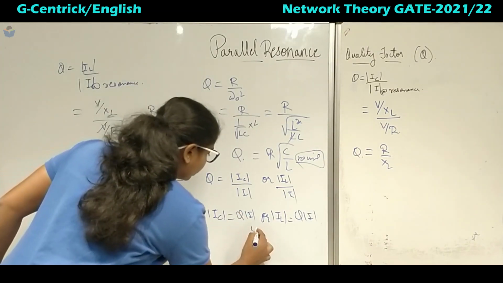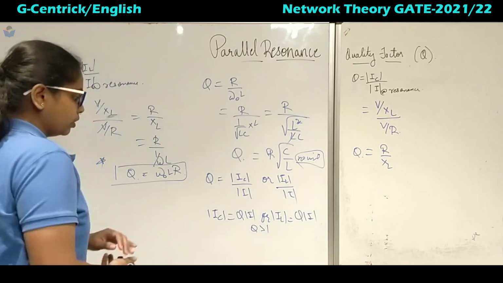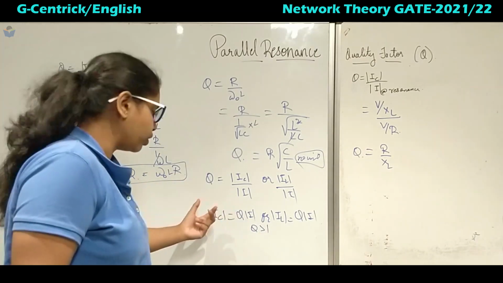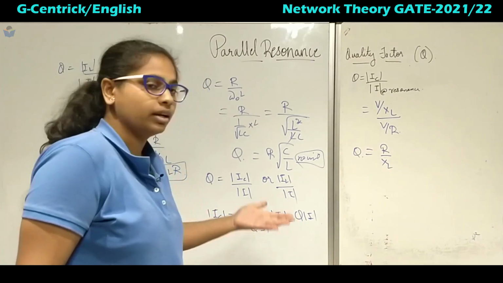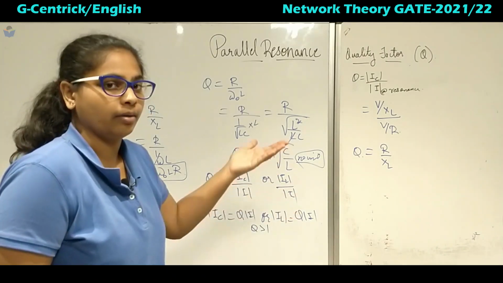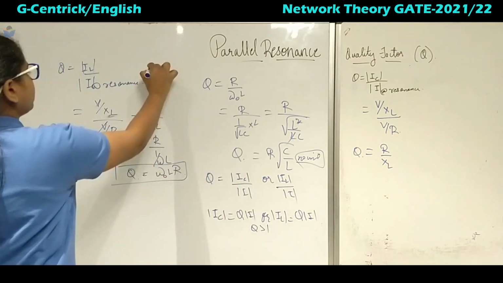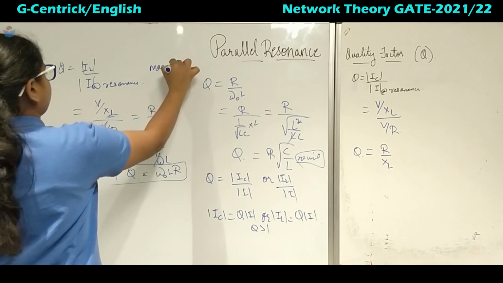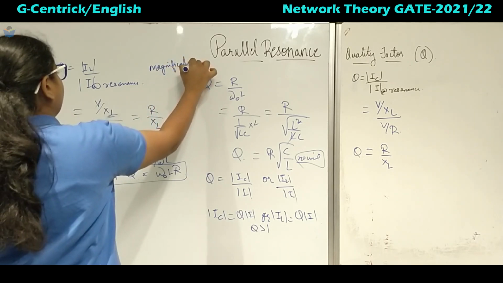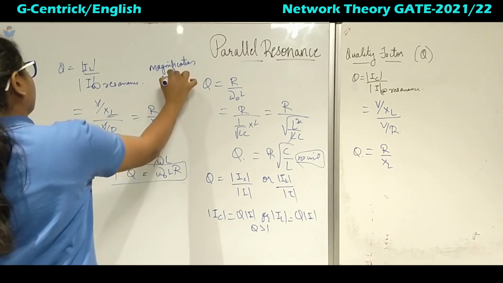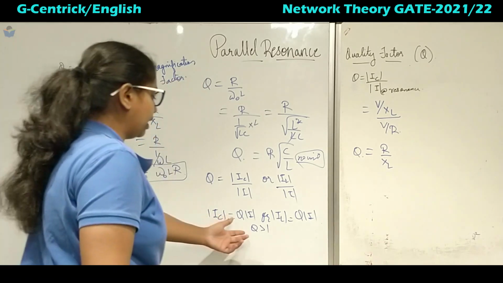So when Q is greater than 1, what will happen to IC and IL? The magnitude will be high. So again, we call it the magnification factor or figure of merit. Here also, it is magnifying the values.